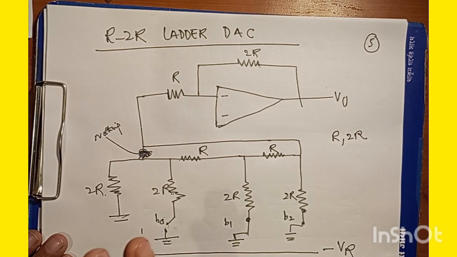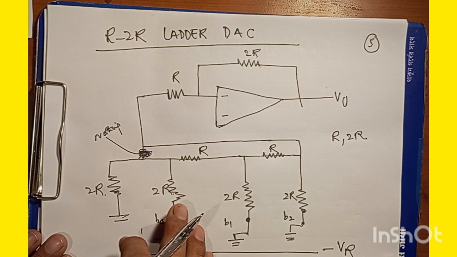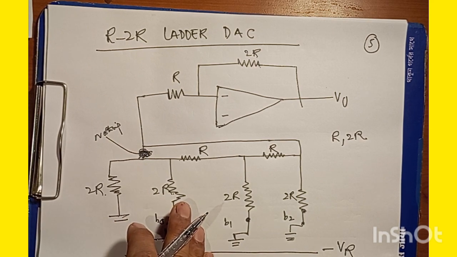If more bits are present in the digital input, then we have to include the required number of R-2R sections additionally. So this R-2R ladder technique becomes feasible, and it's capable of doing the job. Because of these advantages, this R-2R ladder DAC is preferable over binary weighted resistors.